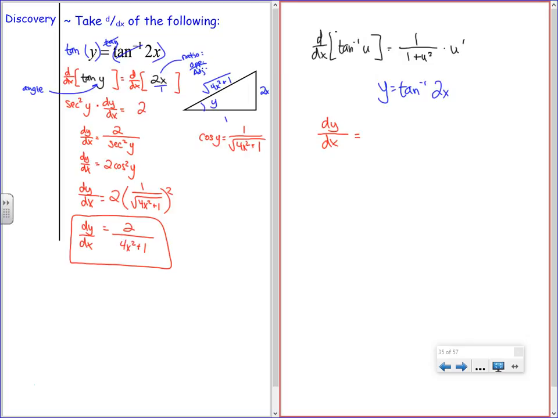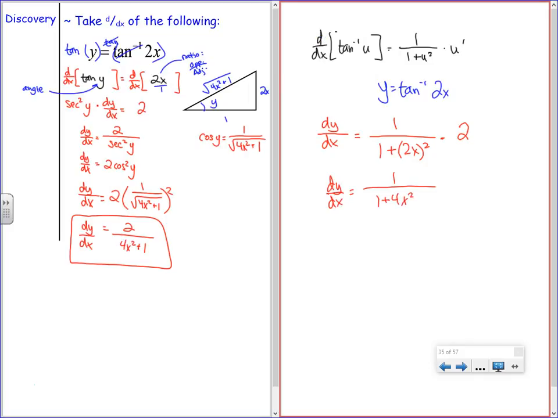The derivative of tangent inverse of u is 1 over 1 plus u squared times, who's u prime? 2. So I end up with dy dx equals 1 over 1 plus 4x squared.